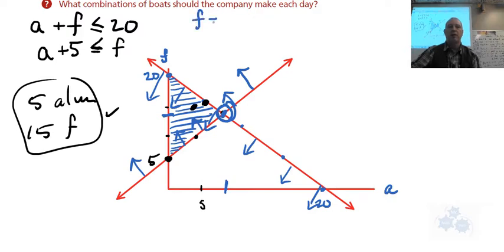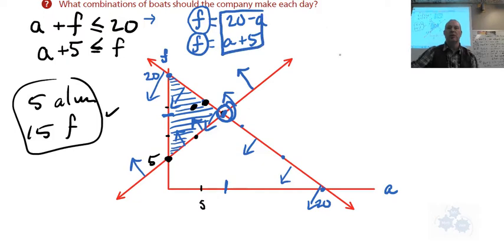Okay, so f would equal 20 minus a for this one. That's the equation with f being solved for. And this one, f equals a plus 5. Those are the two equations of the red lines. And if we let them equal each other, then we could find the intersection point.